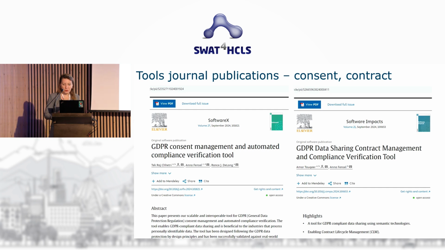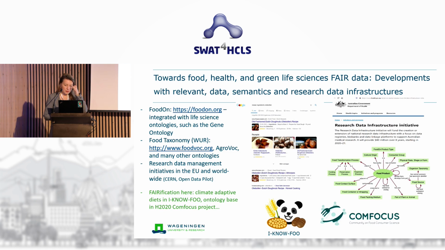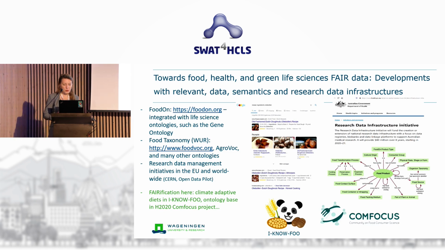For example, in the food domain, I cannot say there is nothing. In the health domain it is often better, but in the food domain there are of course many things existing. There is also data infrastructure related to food. There are ontologies like FoodOn, which many people use in this domain.